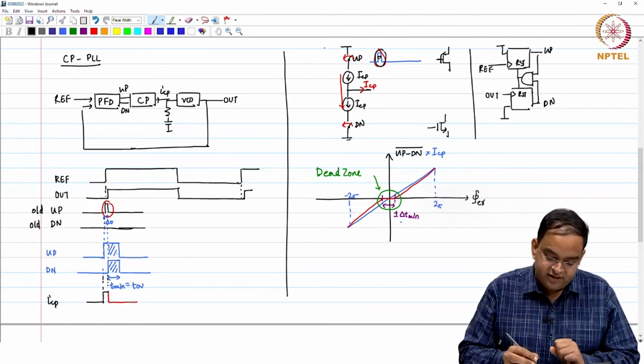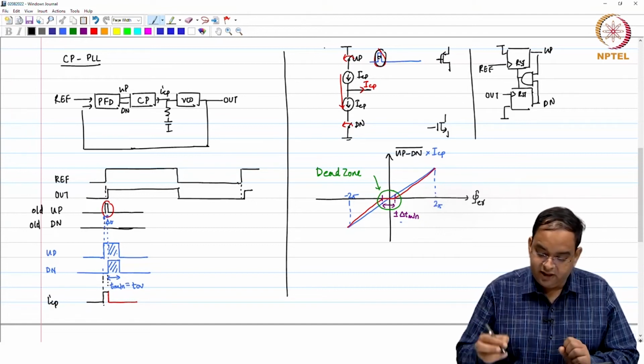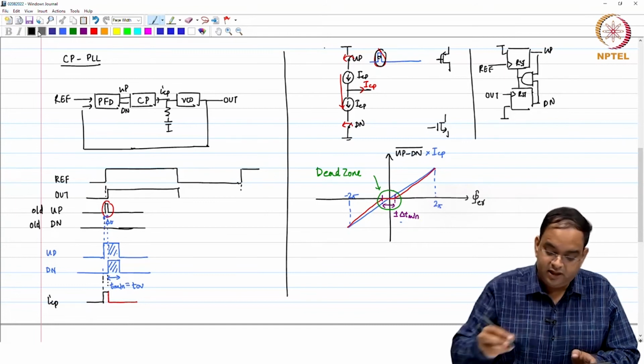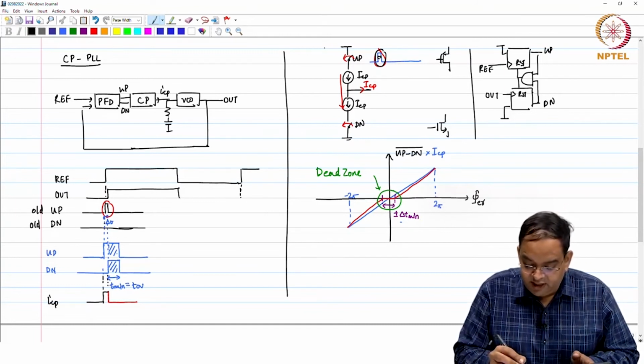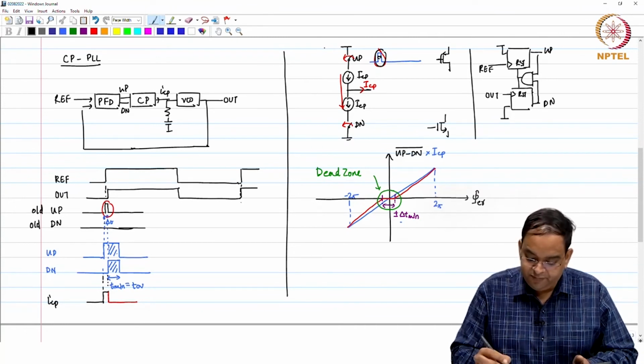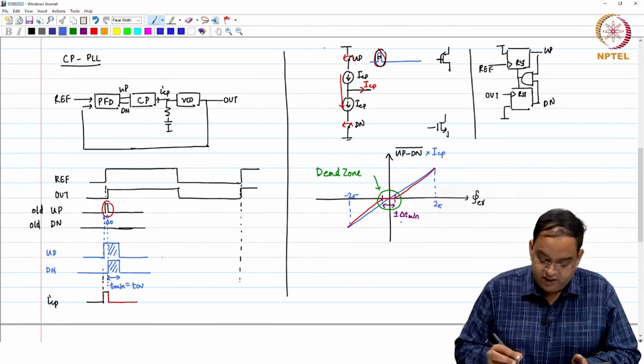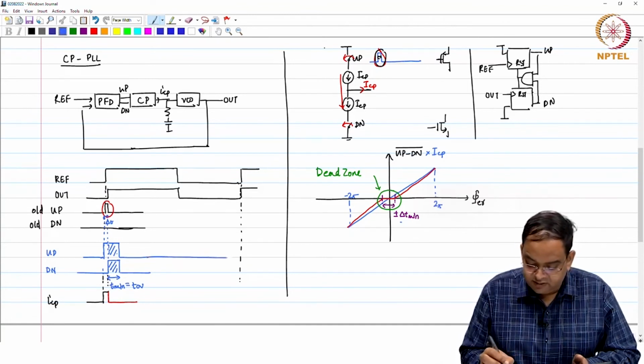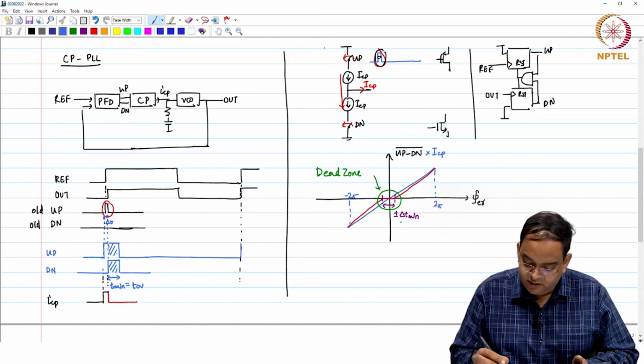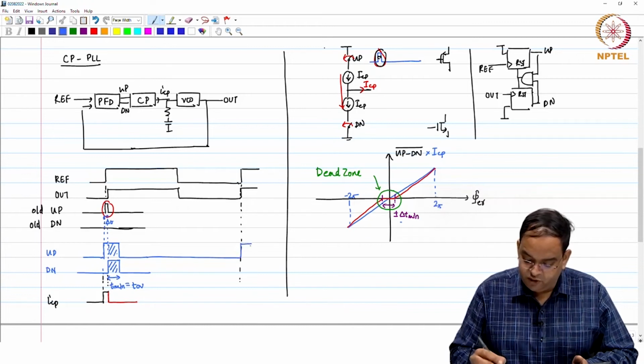So, when your phase error is equal to 0, even then in that particular case, let us take another example, when I have phase error equal to 0, so both the edges are aligned. In response to this, I will have my up pulse going high for a minimum of T overlap period and come down.